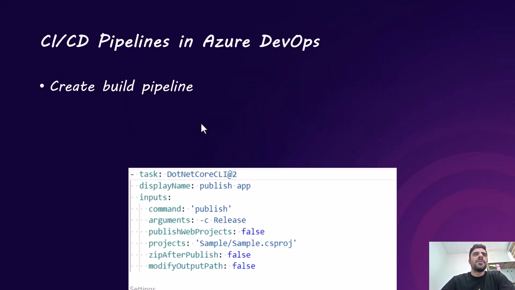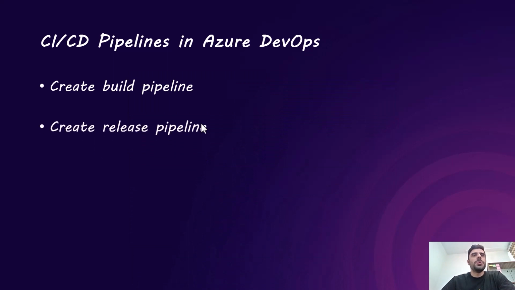After creating the build pipeline, we need to create a release pipeline. As you see, in the build pipeline we created our Docker image file. So obviously the second part, the release pipeline's responsibility, will be to deploy this image to our Kubernetes.